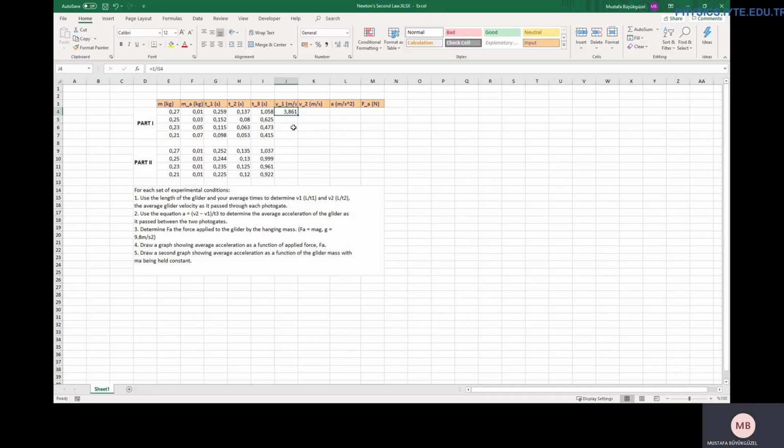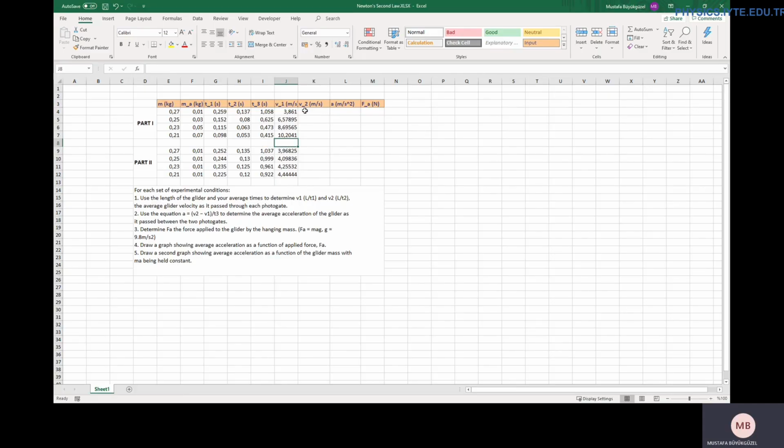And I will get this value automatically. If I hold on this square dot and pull it downwards, it's going to give me the result for all these rows.